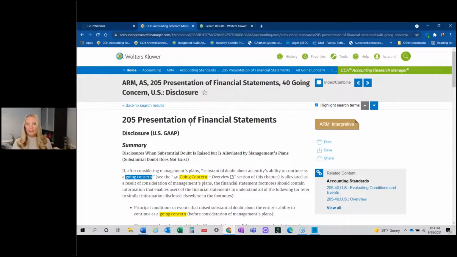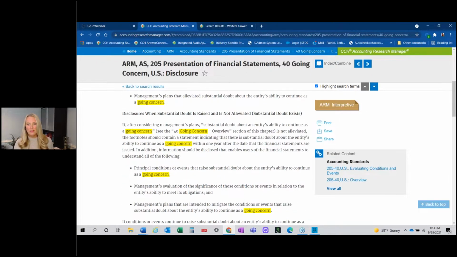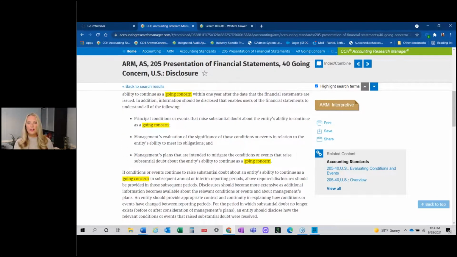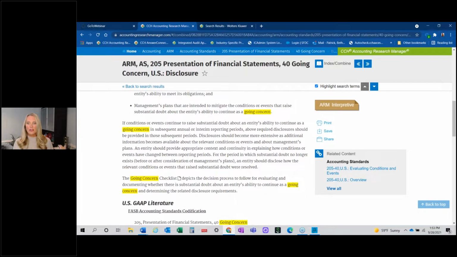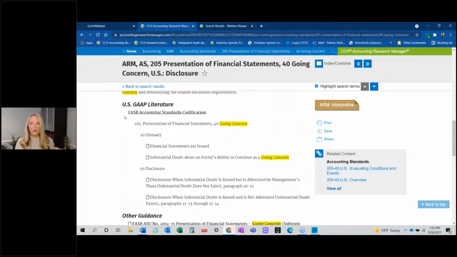Instead of me having to go through those 2,000 hits, our professional services group has already done this for you. They start off with the summary. What do I need to know about this? So just like I was showing you earlier, this is the point of Accounting Research Manager, is saving you time. We'll pull this together for you. This is where you need to go in the FASB.